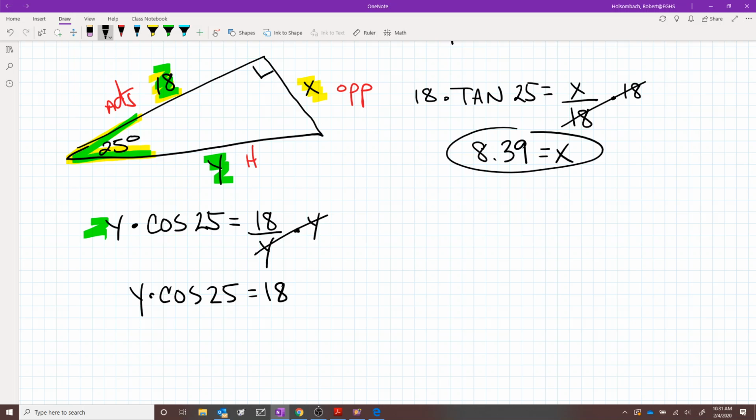And now you can isolate your variable by dividing both sides by cosine 25. Now your cosine 25s cancel out, and you can do this last step in your calculator. So now it's 18 divided by 25 cosine equals. You should get 19.86.